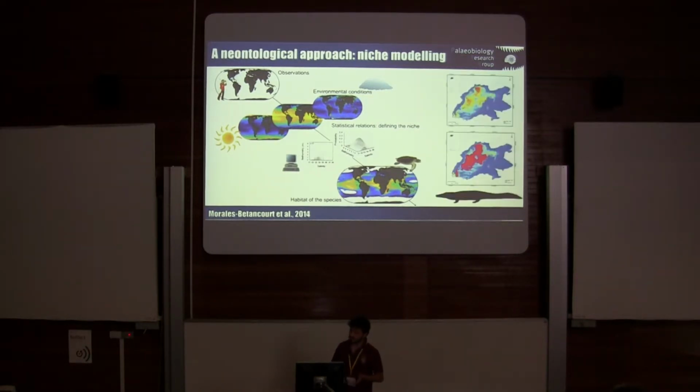And this sort of approach has been shown to be very powerful, especially in conservation biology, for example, to project diversity trends in other scenarios of climate change or global warming, stuff like that.